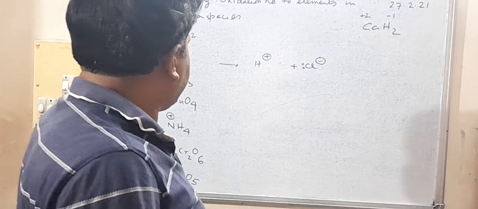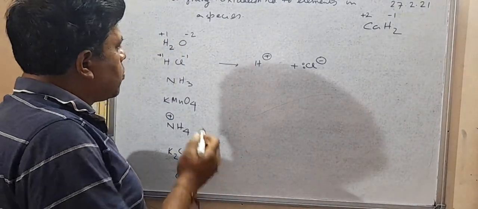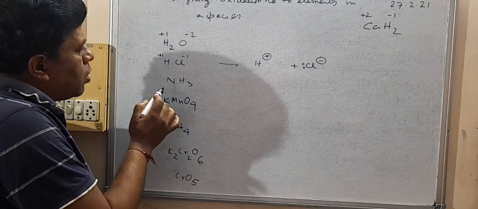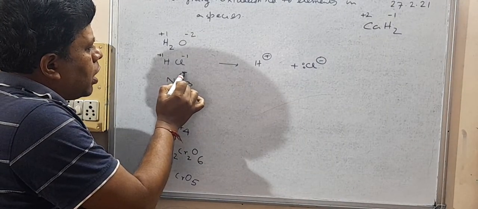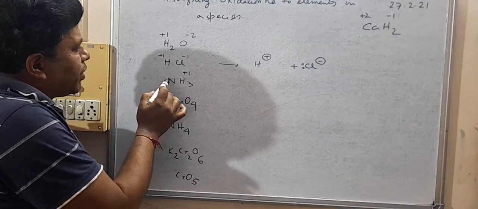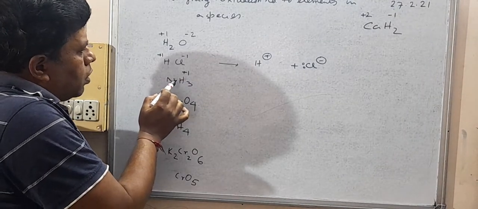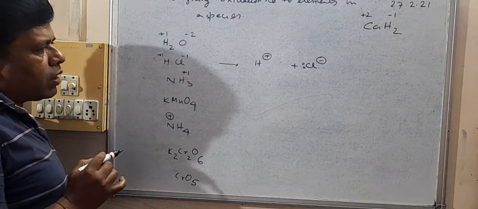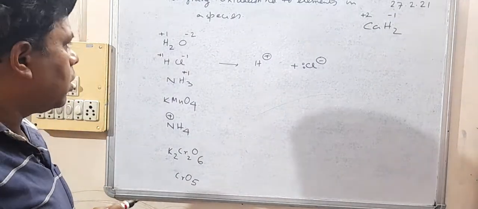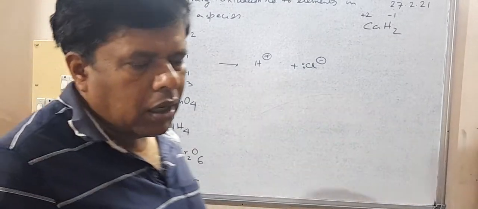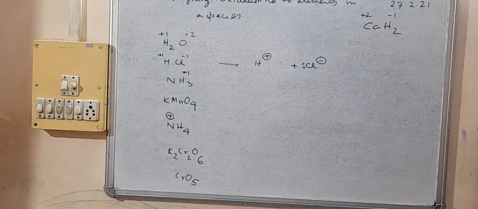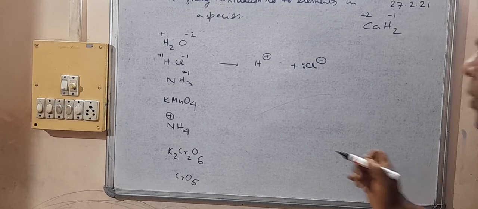Suppose ammonia. The oxidation number of hydrogen, as before, is plus 1, and then how much will be that of nitrogen, that we can calculate in this way. If we know one element and we have to calculate the other, we can do it this way.